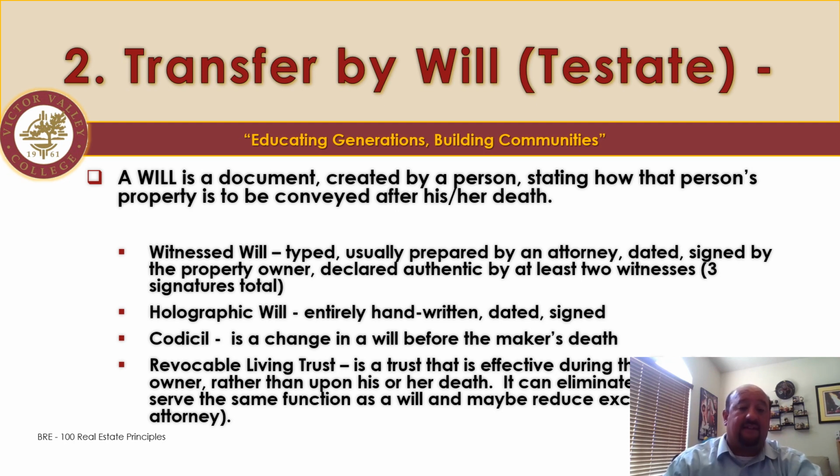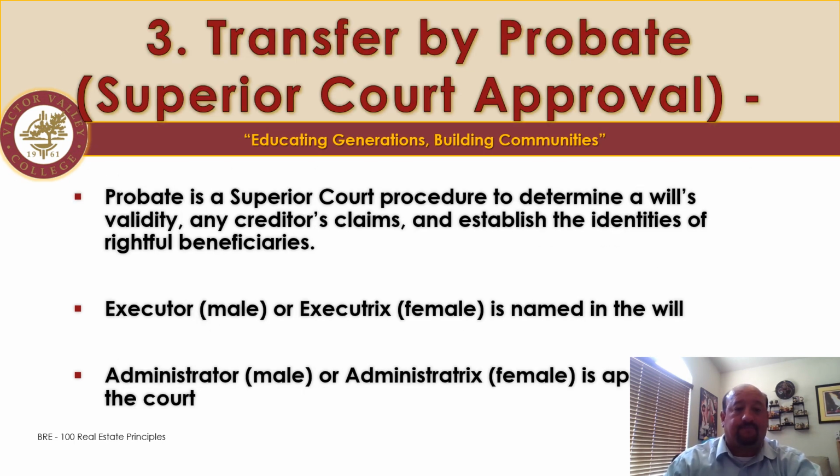And a codicil is a change in a will before the maker's death. And a revocable living trust is what I would recommend people obtain, so that way you stay out of probate court if you have a living trust. And we'll talk about that more later in the class.